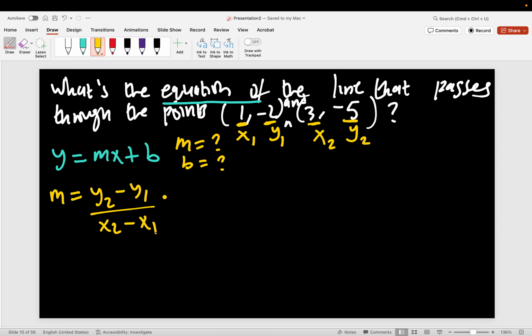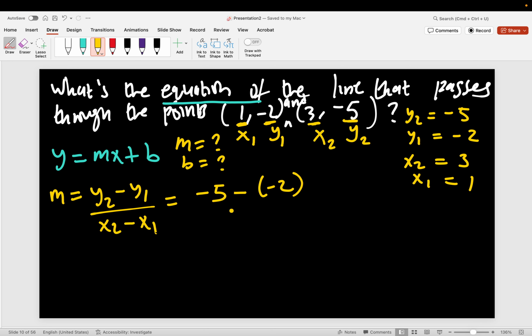So now we're going to go ahead and plug it in here. So my y2 is -5 and my y1 is -2. My x2 is 3 and my x1 is 1. So it's -5 minus, what's my y1? -2.